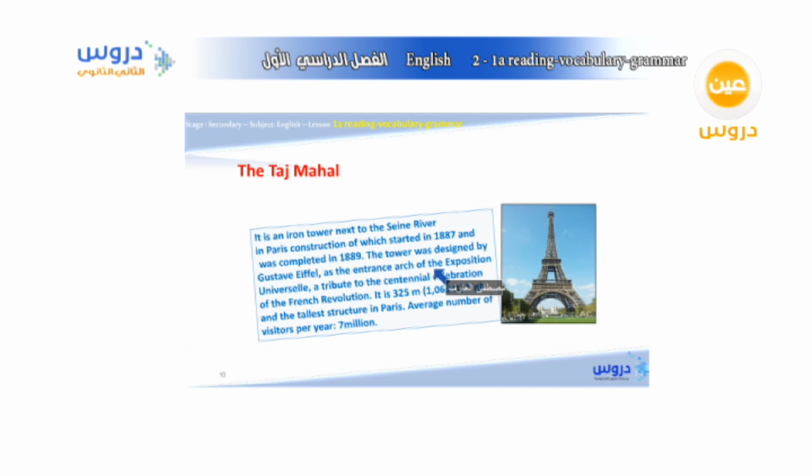The tower was designed by Gustave Eiffel as the entrance arch of the Exposition Universelle, a tribute to the centennial celebration of the French Revolution. It is 325 meters, which equals 1,063 feet high, and the tallest structure in Paris.